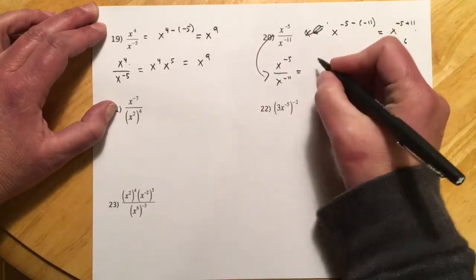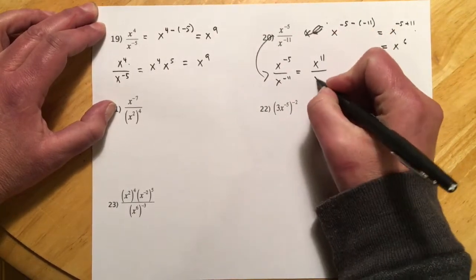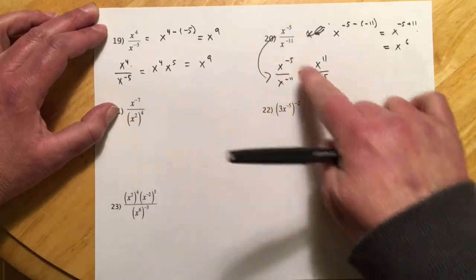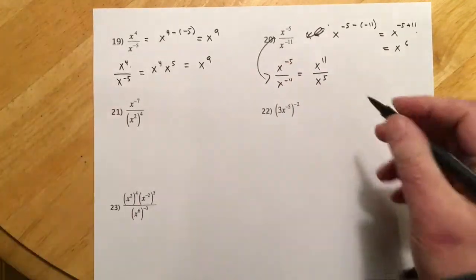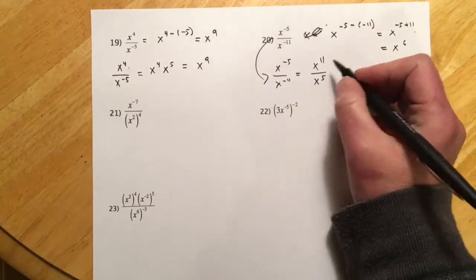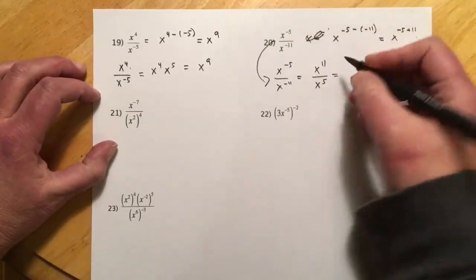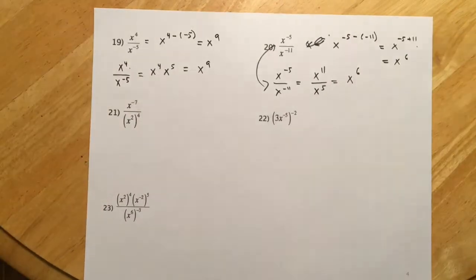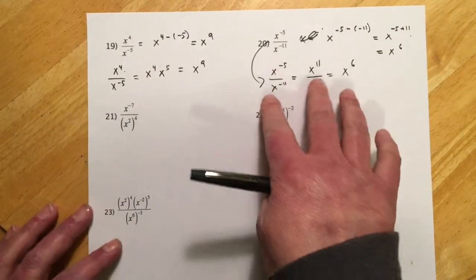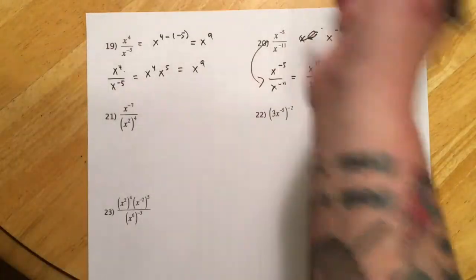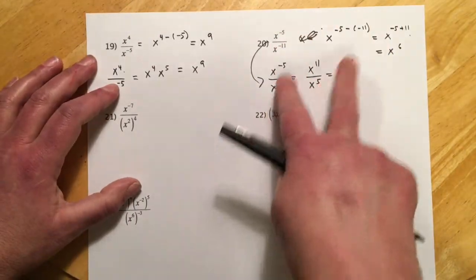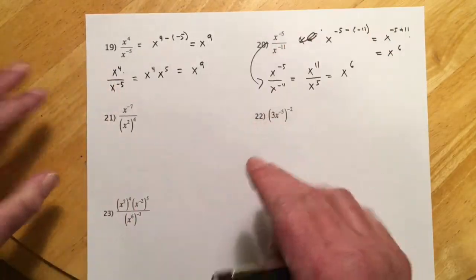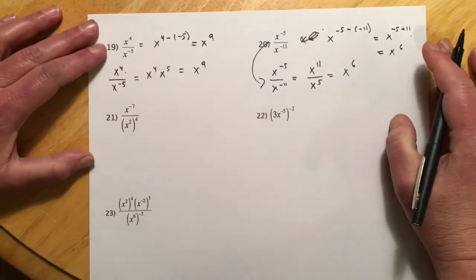I'm just flipping it over and going, okay, this should be up top, and that should be down below, because negative 5 goes down, negative 11 goes up. And if I have 11 up and 5 down, if I just think of canceling out 5 of them, I'm still going to have 6 in the numerator. So same answer, whichever way. For me, this is a little more visual, which fits my learning style. Might not be the best for everyone. If you prefer this, they're equally cool, but just pick the one that makes the best sense for you.